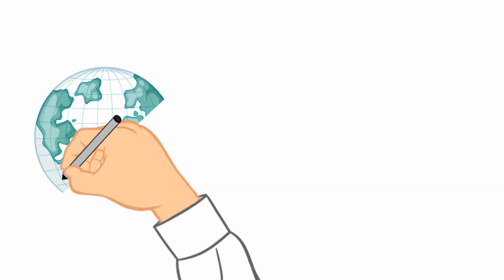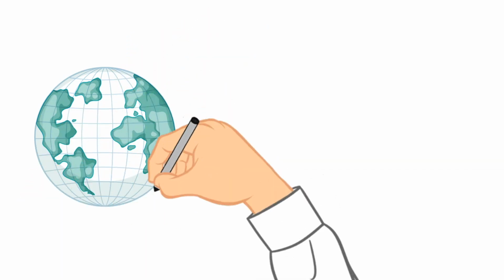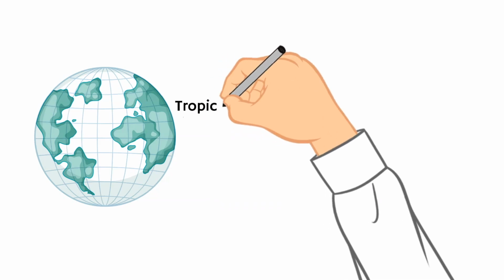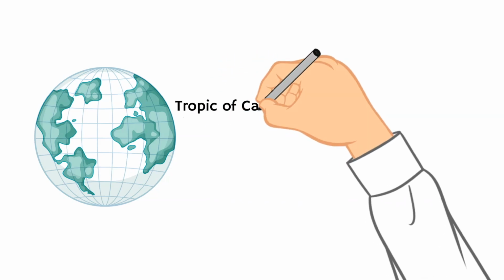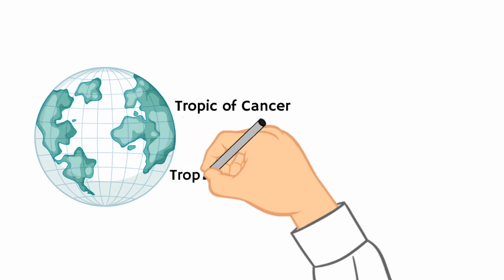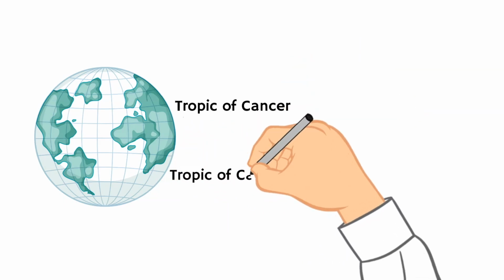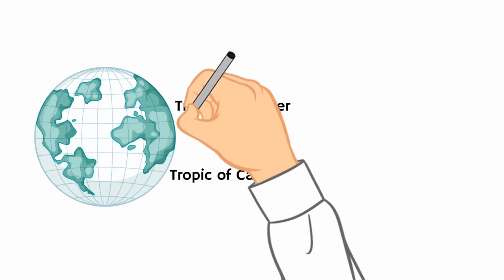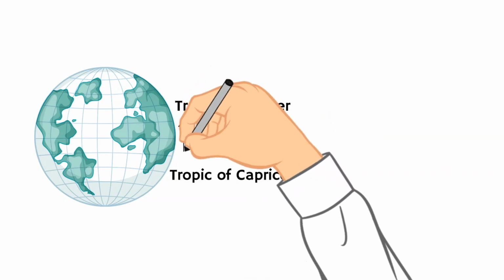Next up, let's talk about the tropics. The tropics are the region of the Earth's surface that is closest to the equator. The area between the Tropic of Cancer and the Tropic of Capricorn is called the tropical zone. It is generally known for the hottest weather on Earth.